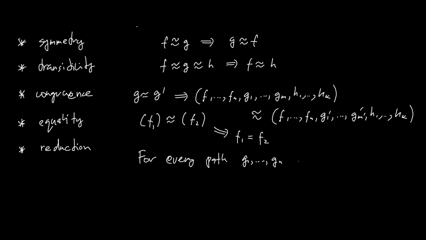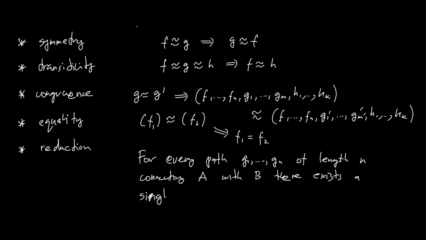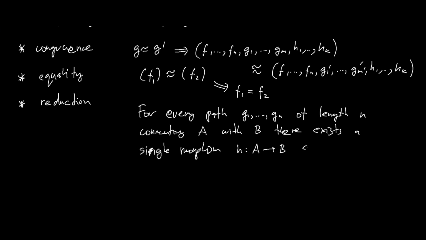For every path of length n, so n could also be 0, connecting object A with B, there exists a single morphism, let's call that morphism H, such that the G path is equivalent to H.